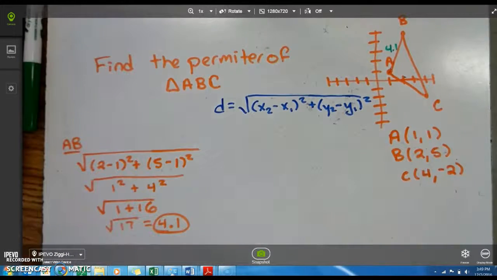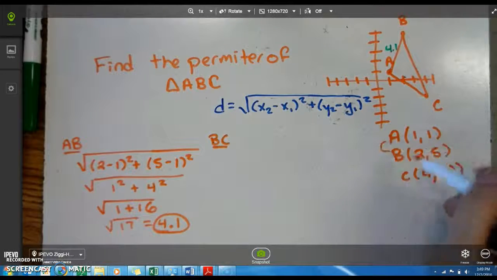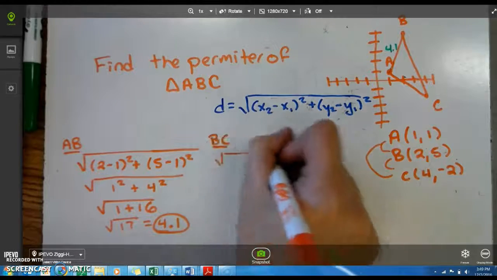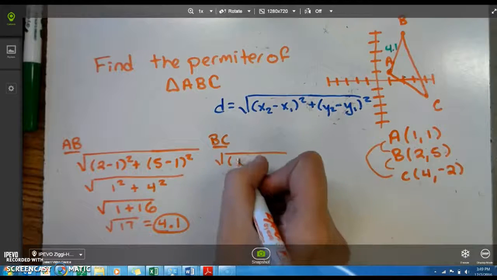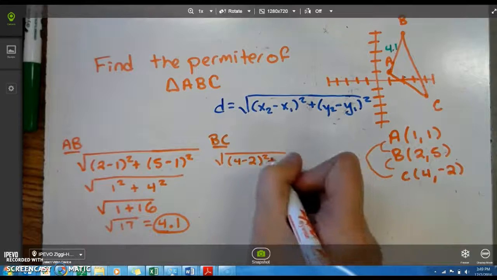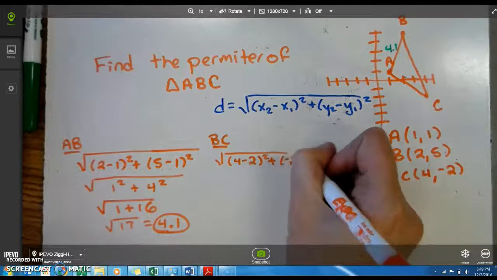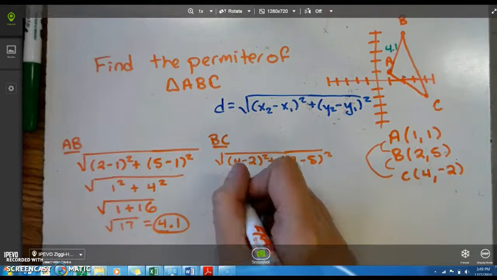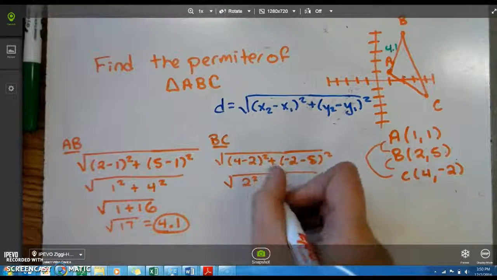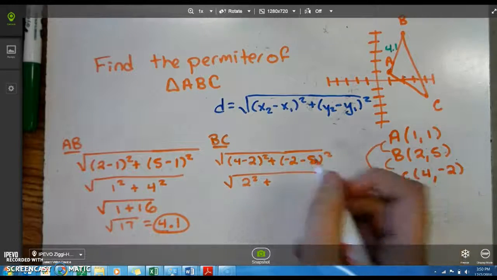And then we will do BC. And I just go from these two to these two and then all the way around because that's my three sides. So four minus 2 squared plus negative 2 minus 5 squared. 4 minus 2 is 2 squared plus negative 2 minus 5. They're the same sign, so they add. 2 plus 5 is 7.